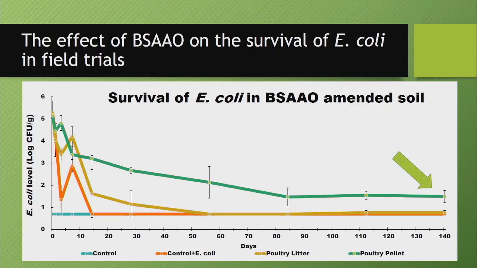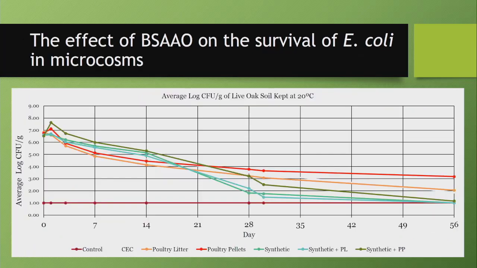And as you can see, we're still having our survival out to 140 days. One interesting thing that Keith did after looking at this was he took these same treatments and put them back in those microcosms that he uses in his lab. They used these same amendments, so the composted poultry litter and the pellets, and they added a few additional treatments.